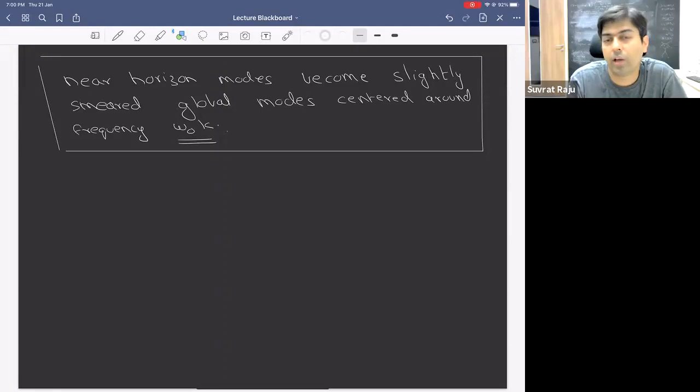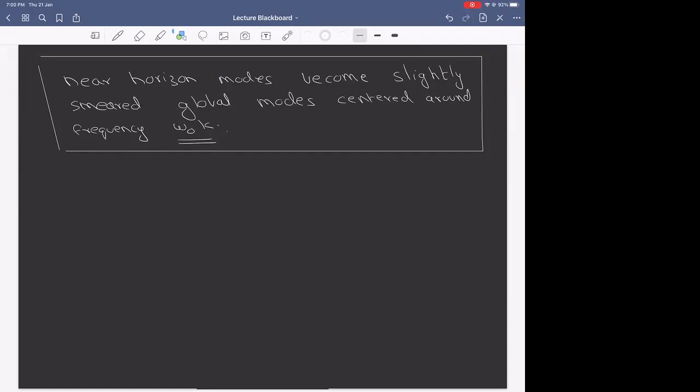There are always these subleading terms that depend on some choice of the smearing function, but we'll never bother about them because, provided you have a hierarchy of scales between the scale at which you can define these near horizon modes and the curvature scale, which we usually do, it's between some ultraviolet scale and the curvature scale, you can always make these terms extremely small. And so we don't need to care about these small corrections for the leading order result that we want.